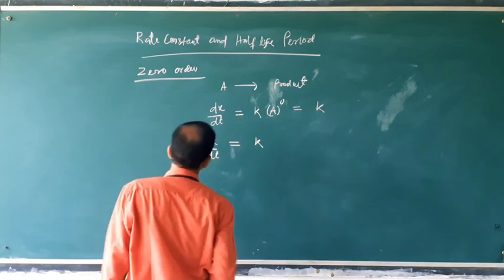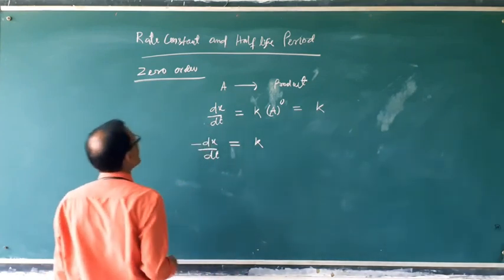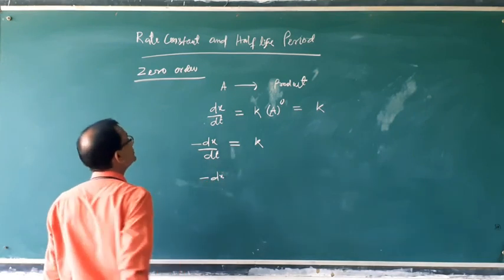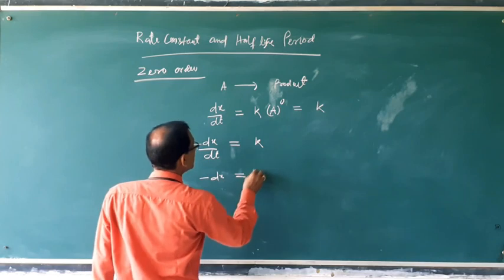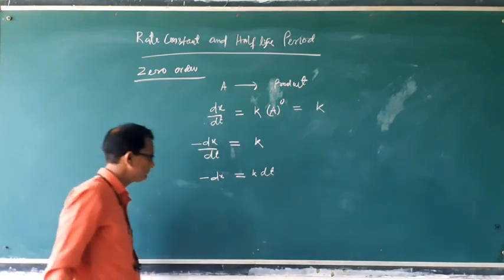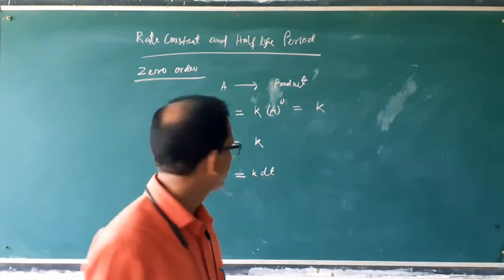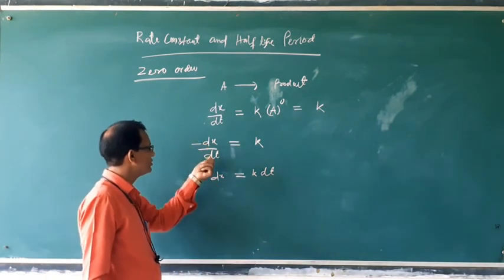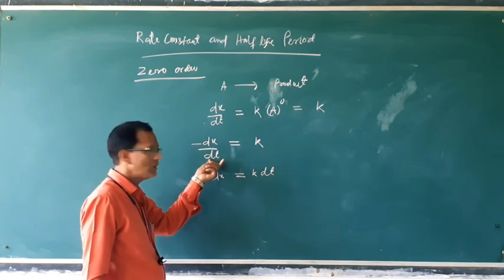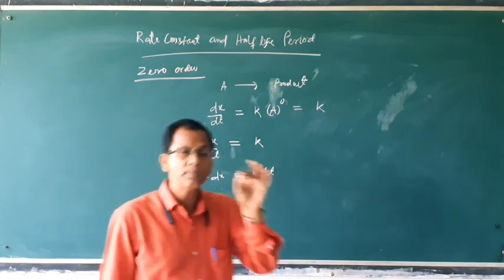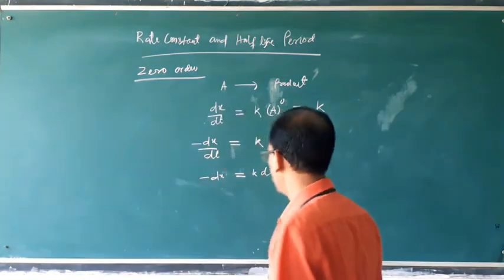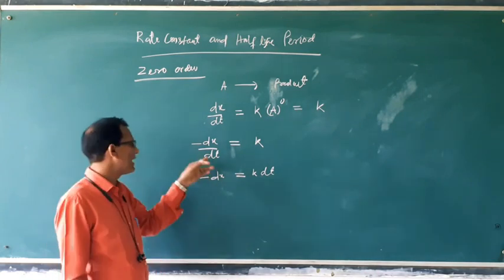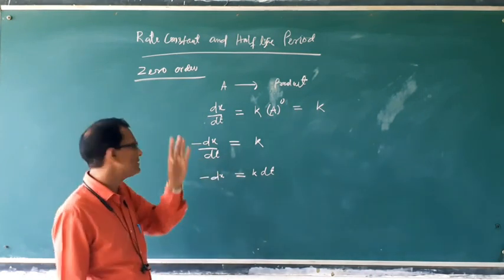So if you arrange this, dx is equal to k dt. This is the change of concentration with the change of time, when the time is very small. For instantaneous rate, time should be minimum, a very small difference we have to take.